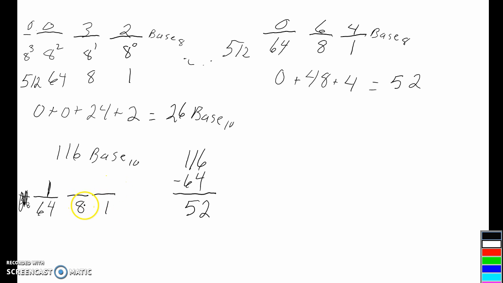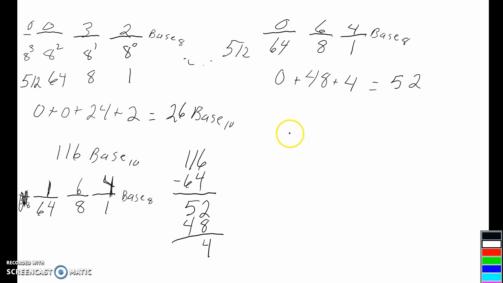Now you have to ask the question, 8 goes into 52 how many times? It is 6. 6 times 8 is 48, and we are left with just 4. Once we subtract these, 4 is the remainder, so your octal is 164. This is your base 8.